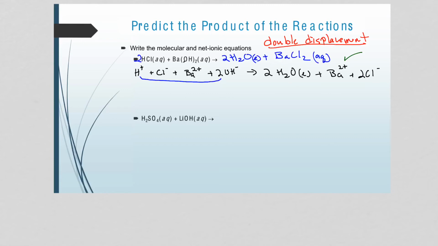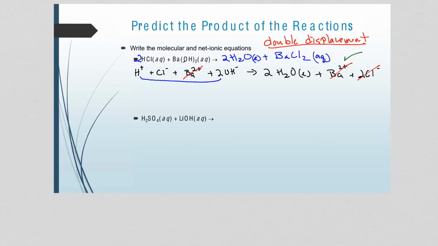Now to get to my net, of course, I need to get rid of the spectator ions. So what are the spectator ions? Well, we have barium ions here, barium ions here. We have chloride ions here, chloride ions here.